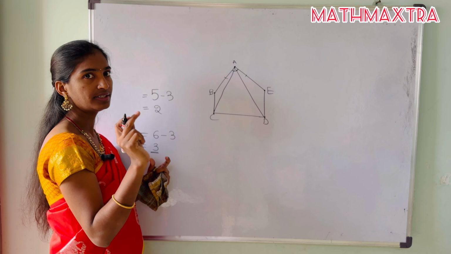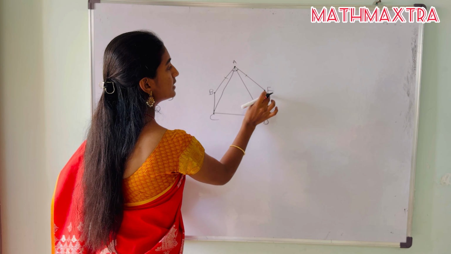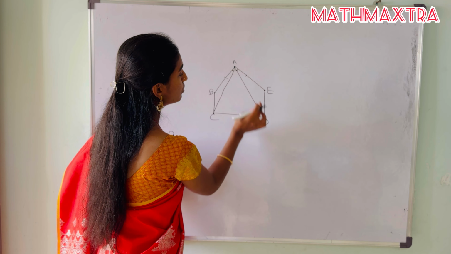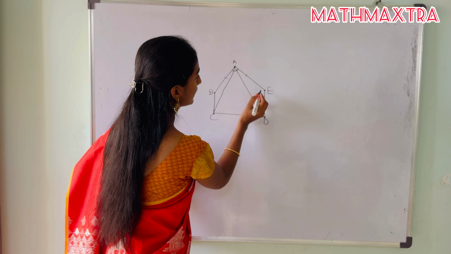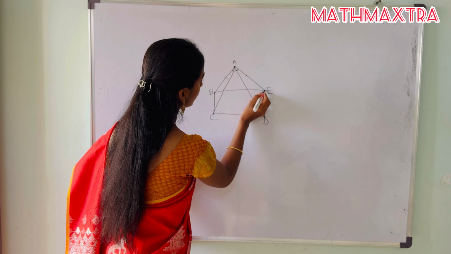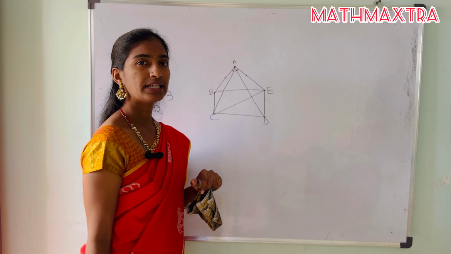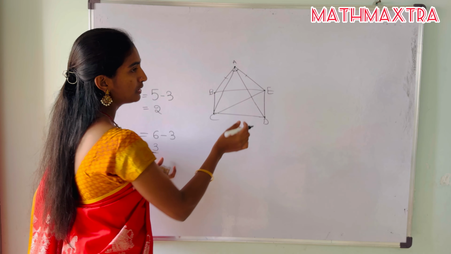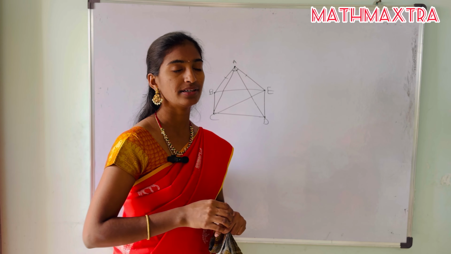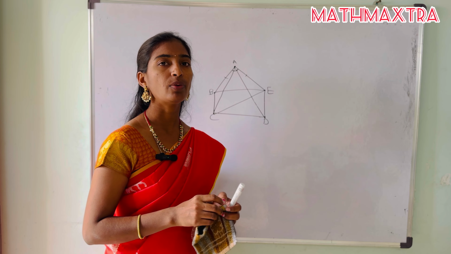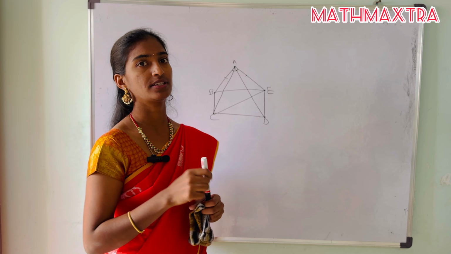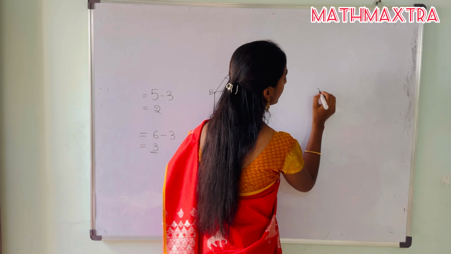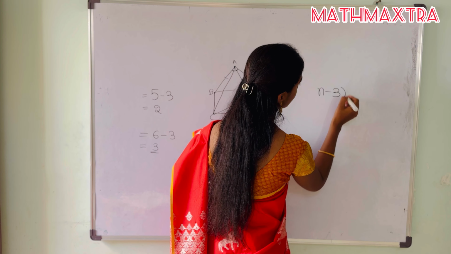See, if you consider this vertex, you leave these two, A and D, and you can join this one and this one, isn't it? So the number of diagonals you can draw in a polygon from each vertex is n minus 3.